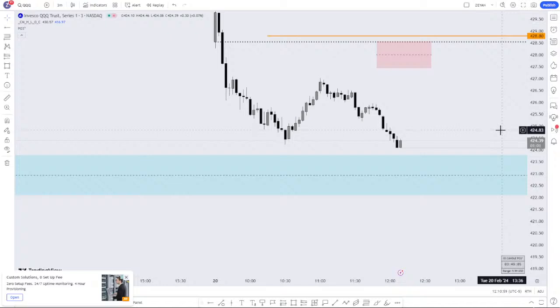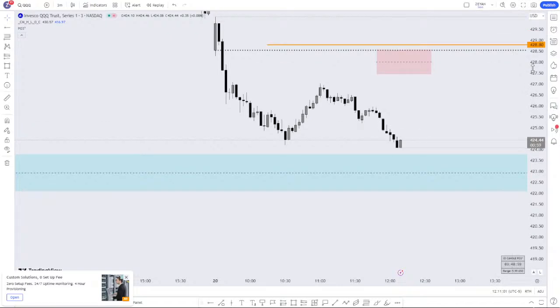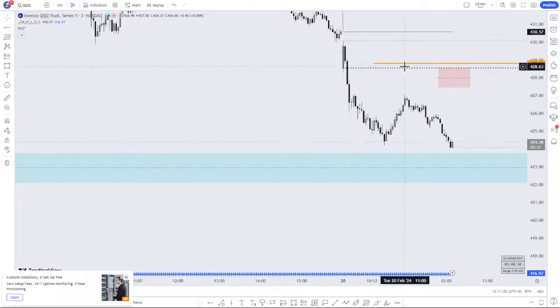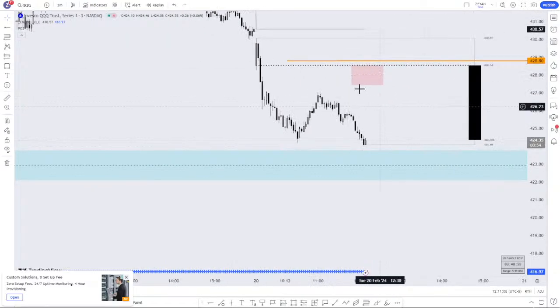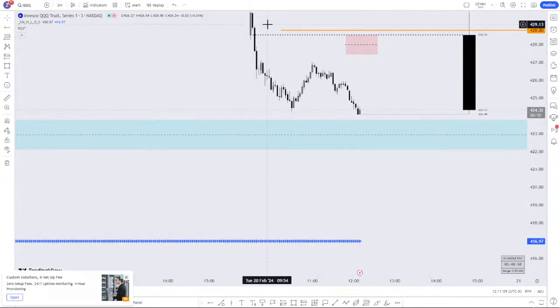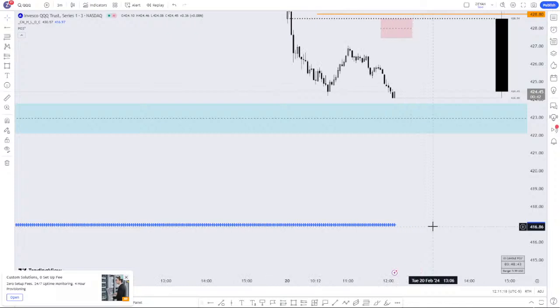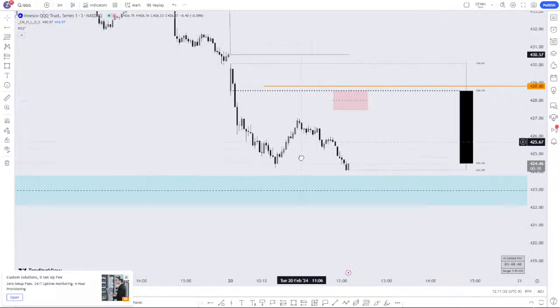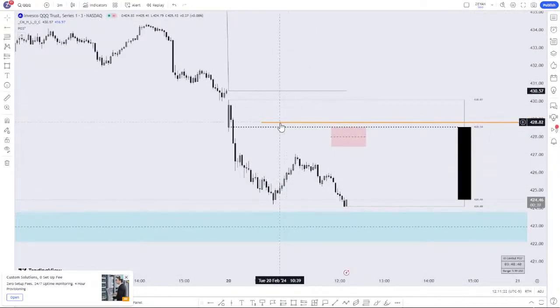If we stay below this point, Ray, then this would be our monthly range. The whole of this would be somewhere around here. We might even come below if we stay below this point. This is a high time frame reference point.